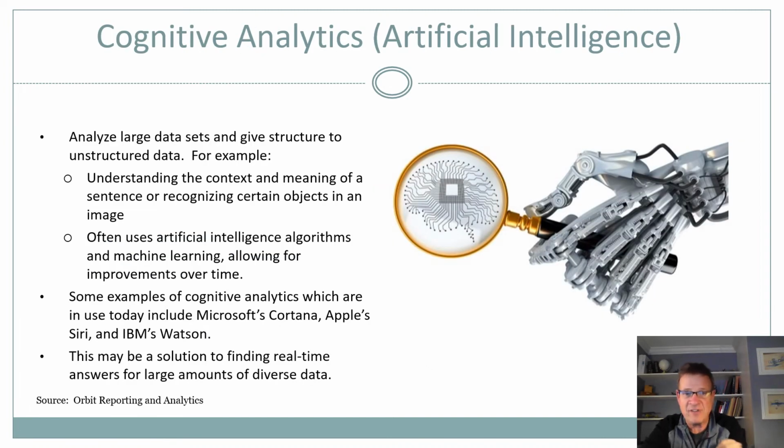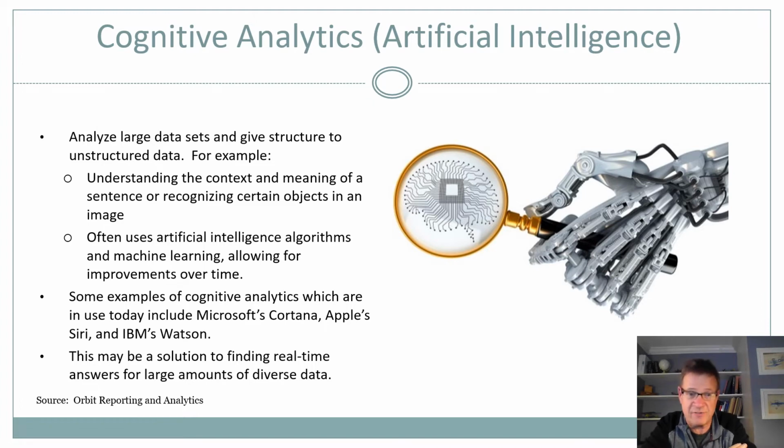And then finally, we have cognitive analytics, which is where you are combining data not only from your own systems but from outside systems, and this allows you to not only suggest improvements, but it also makes improvements in its own suggestions over time, as it is essentially learning over time.